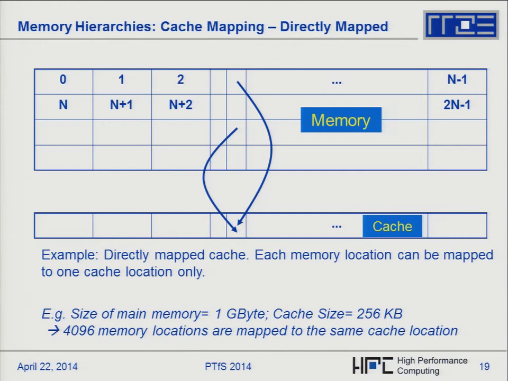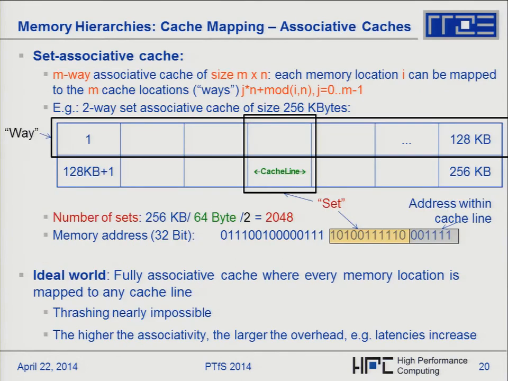Okay. What can one do to ameliorate this effect, at least a little bit, to make sure this doesn't happen too often? And the invention that ameliorates this effect is a so-called set associative cache. A set associative cache consists of a certain number of so-called sets, and each set contains a very limited number of cache lines.